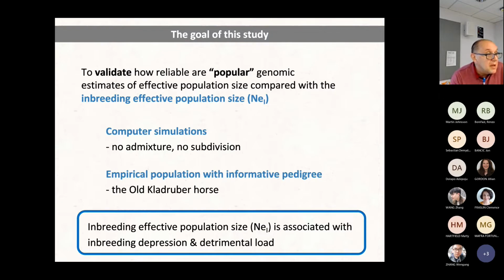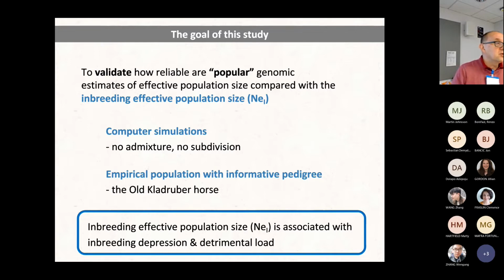Okay, so the main goal of this talk is that we wanted to see, by computer simulations, how those effective population sizes correspond to each other. We also chose one empirical example to show how this goes in an empirical population.